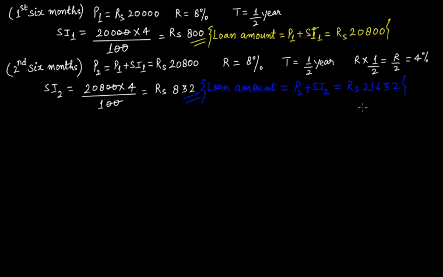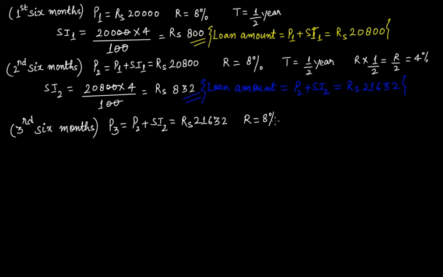So this loan amount of rupees 21,632 will be the principal of third period of 6 months. So your P3 will be equal to P2 plus SI2, that is equal to rupees 21,632. So your rate is equal to 8%. Your time period is equal to half year.